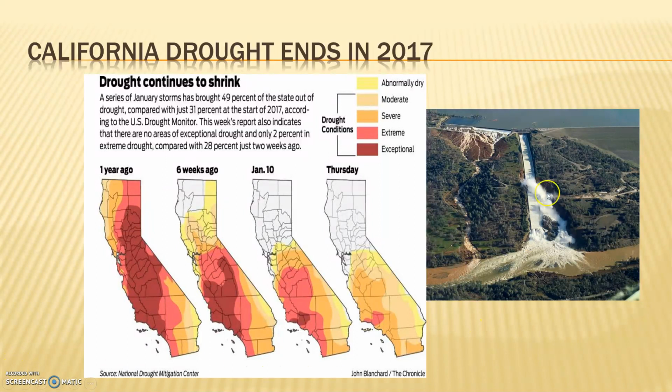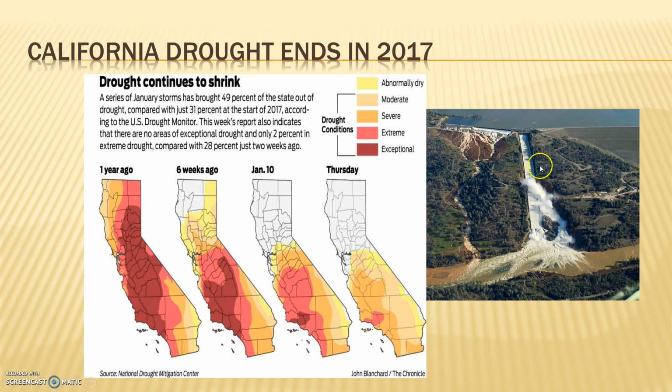Now, one side effect of this was the Oroville Dam in California, which is known as the tallest dam in the United States, became filled to capacity, and they had to release water through an emergency spillway. Because of the amount of water that they had to release, there was a failure in the spillway and a large gap occurred, and they ended up having more water flowing around the spillway and causing turbidity problems downstream.